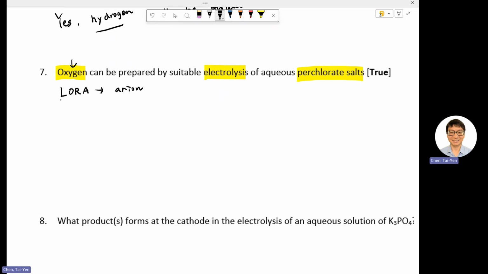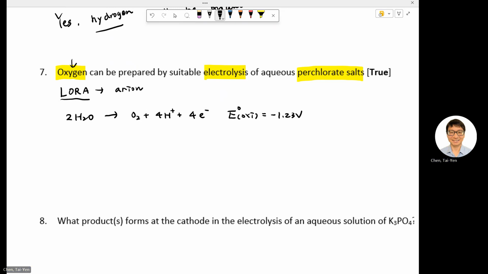For the anode of water, the equation that you should use is 2H2O becoming O2 plus 4H plus plus 4 electrons, and the oxidation potential is equal to negative 1.23 volt.